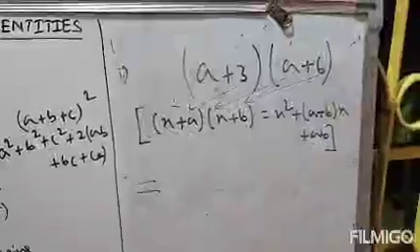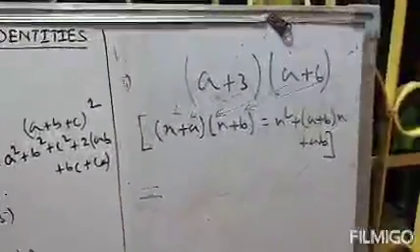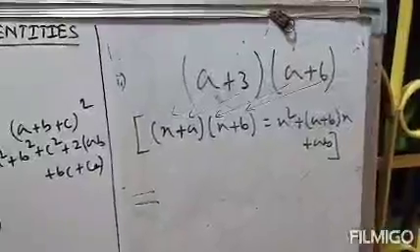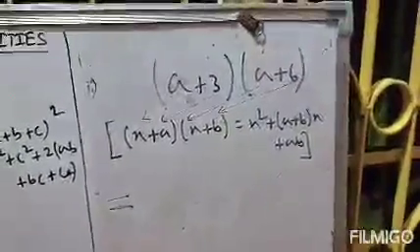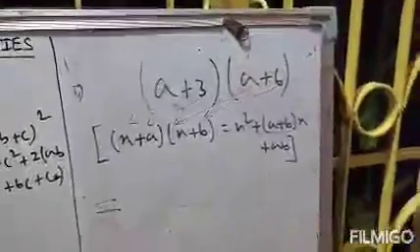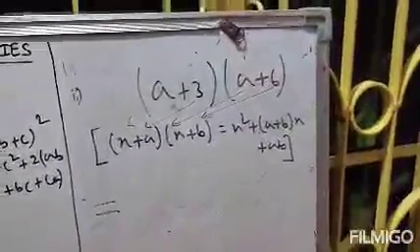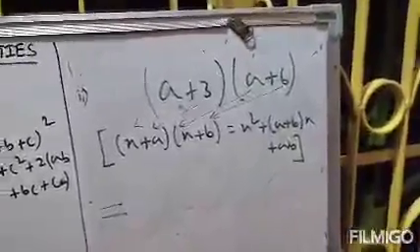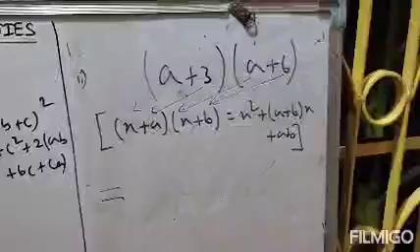When you compare (a plus 3)(a plus 6) with (x plus a)(x plus b), you will clearly understand that x is a, the value of a is 3, and the value of b is 6.